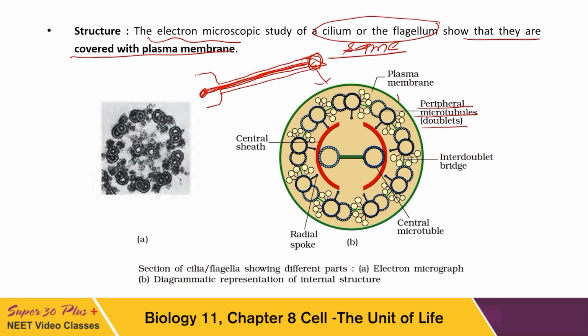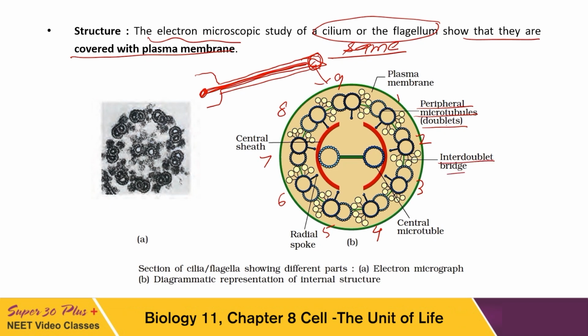This is 1, 2, 3, 4, 5, 6, 7, 8, and this one is 9. How can we remember? There are 9 peripheral microtubules, and each is made up of 2, that is a doublet. And these are connected by interdoublet bridges.